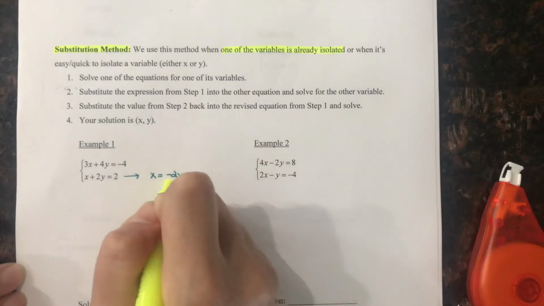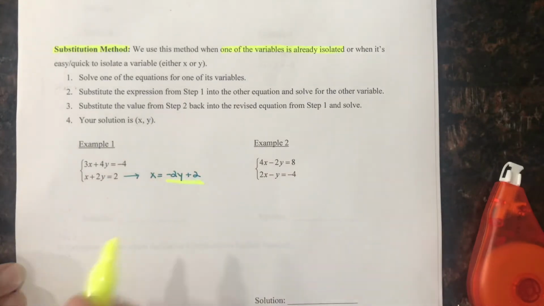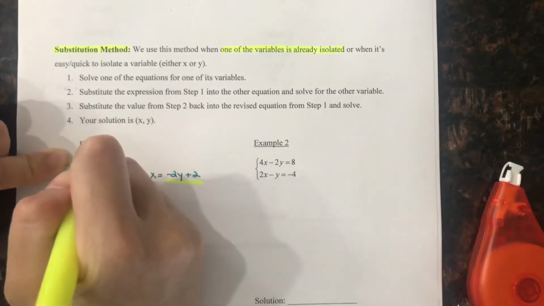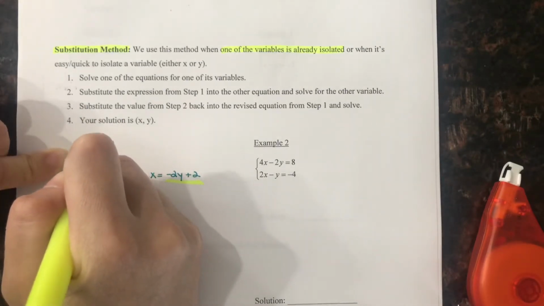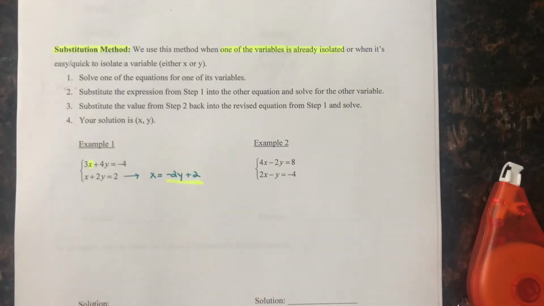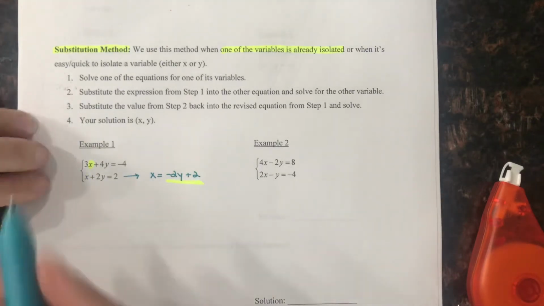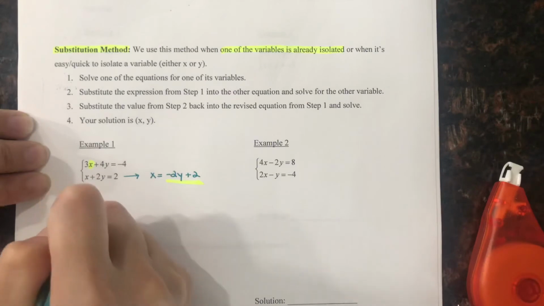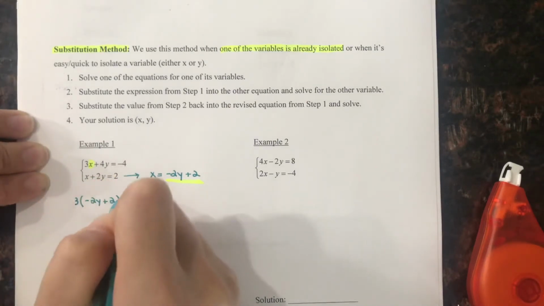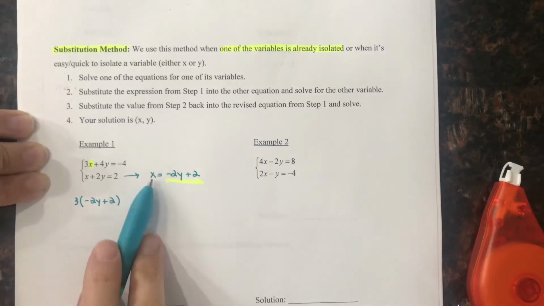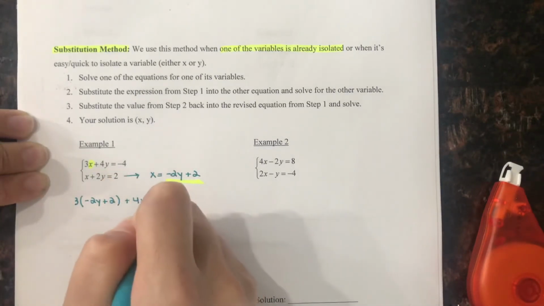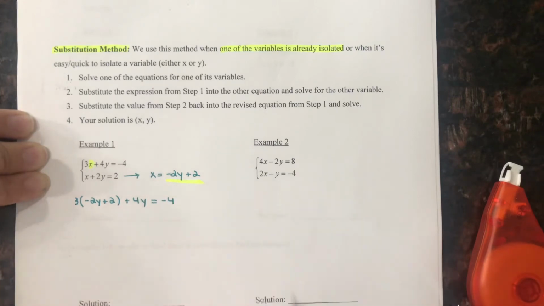So we're going to substitute this whole section into the other equation for the variable. So because x is equal to -2y plus 2, we're going to plug it in. We're substituting in the equivalent value of x. Now I still have a plus 4y equals -4.